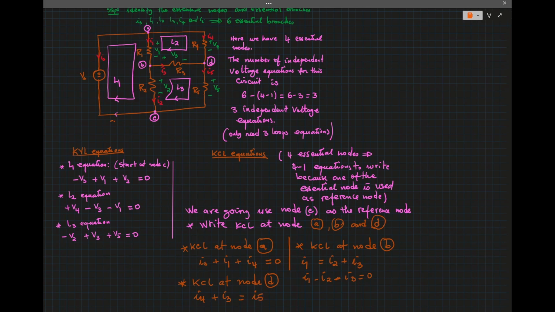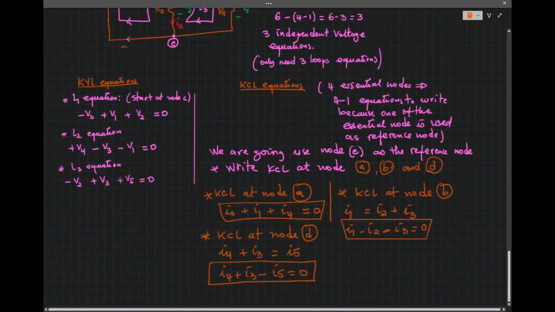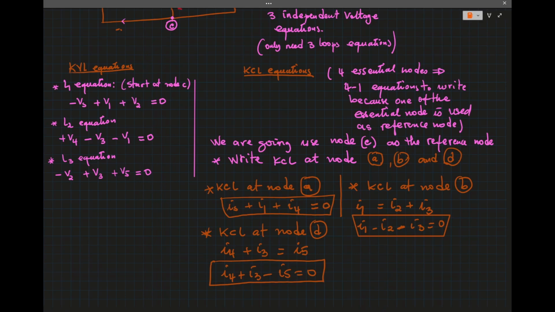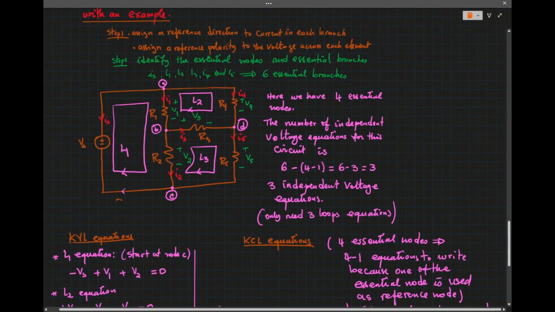So it's I4 plus I3 minus I5 equal to 0. So these are the equations. Okay, so those are my node equations.